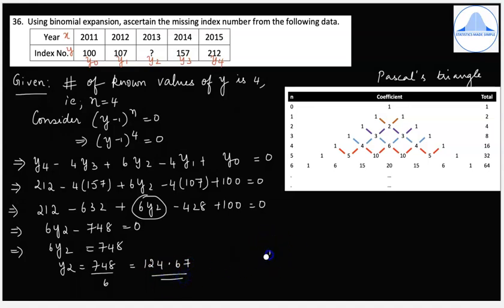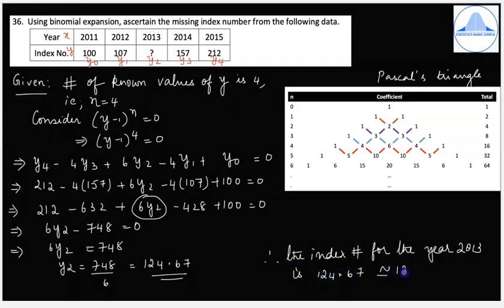So you can write, therefore, the index number for the year 2013 is 124.67, or if you approximate it, it's 125.